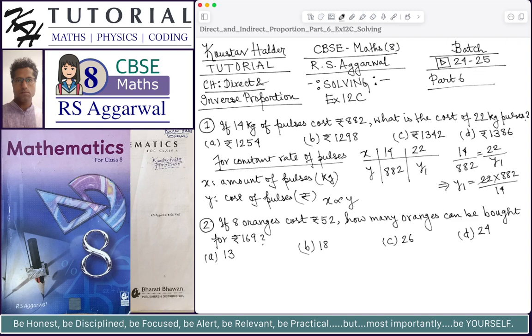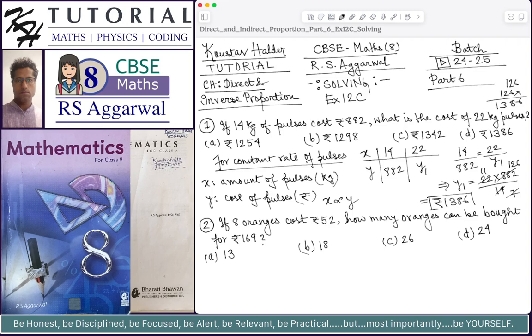So 7 2s are 14 and 7 divides 882 giving 126. So this is equal to 126 multiplied by 11, which is 1386.